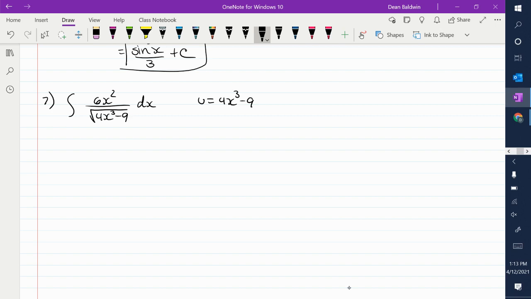So du is, sorry, 12x squared. All right, drop down the 3. What do I do now? Multiply the dx up.